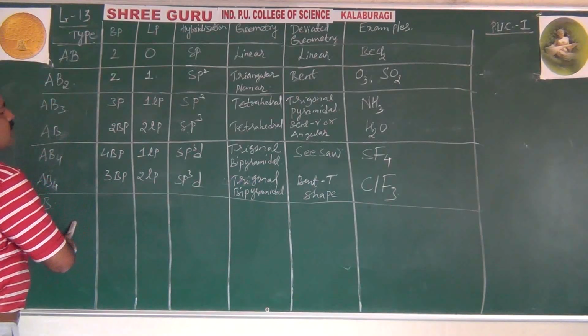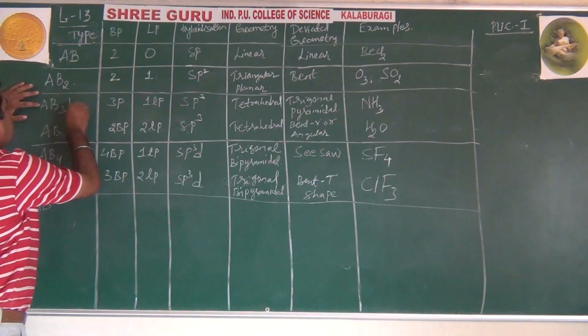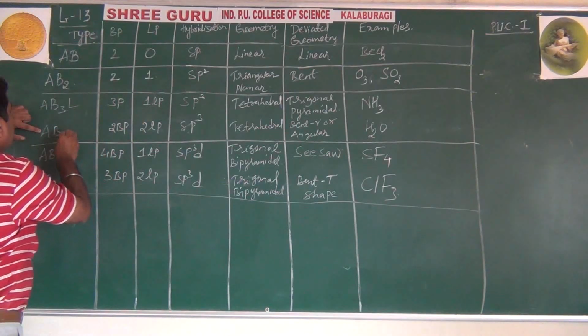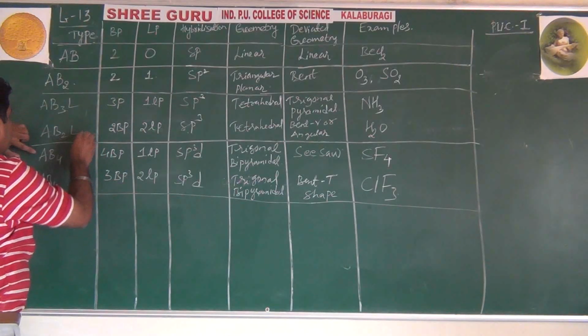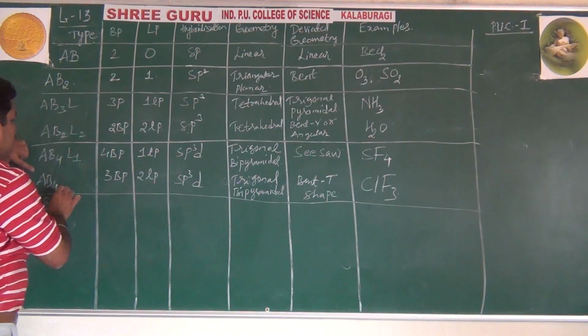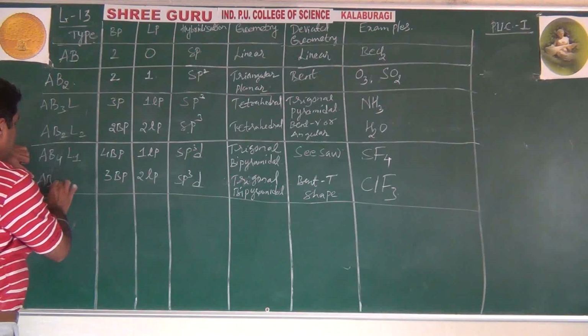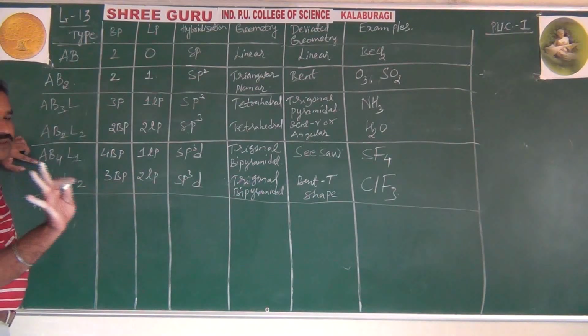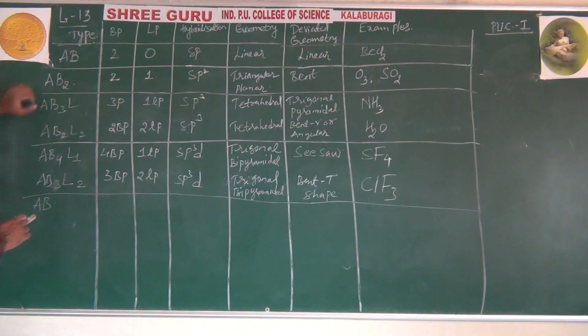I'm extremely sorry, students. AB3 is 3 bonding pairs, 1 lone pair, and this is 2 bonding pairs, 2 lone pairs. Okay, and this is AB4, 4 bonding pairs, 1 lone pair. This is 3 bonding pairs and 2 lone pairs. I'm extremely sorry for that. Just made a correction, right?